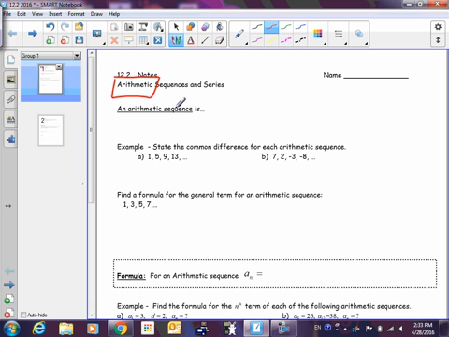So an arithmetic sequence is, and there's a few different ways I could explain this, but probably the best way would be to call it a linear pattern. You've been doing lines forever.